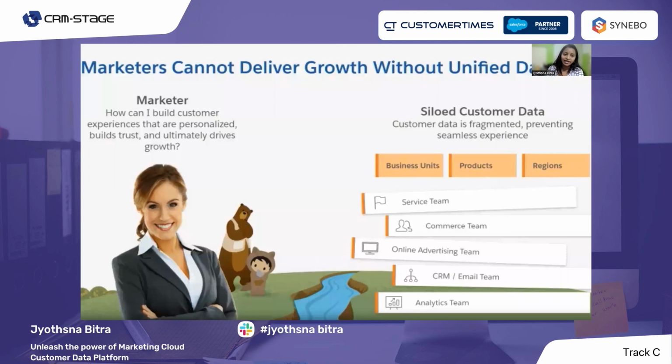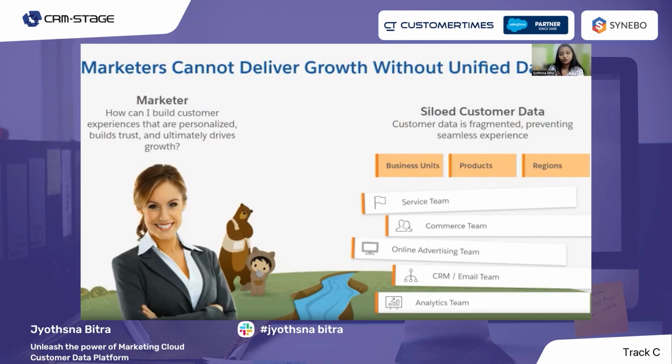And 86% of the customers say that they want to have an emotional connection. They want to be treated as a human instead of getting a feeling that they are interacting with a machine. One major challenge to make an emotional connect, to provide personalized experiences to the customer, is the siloed customer data.